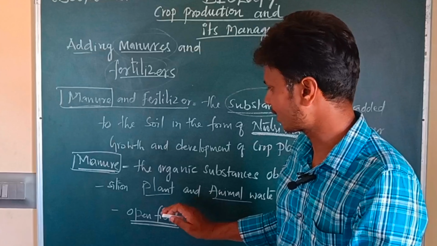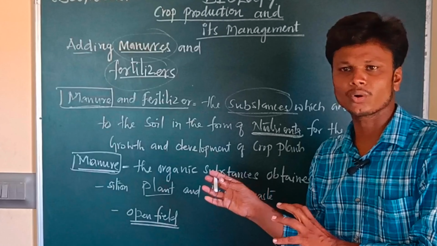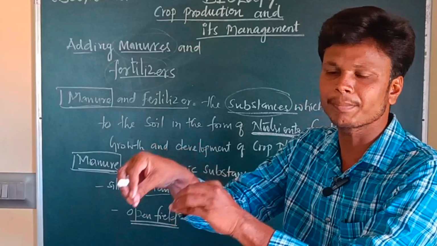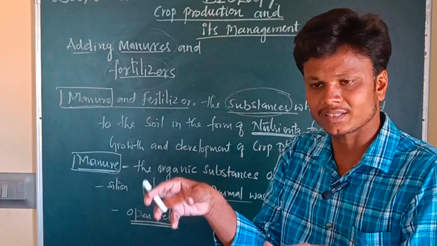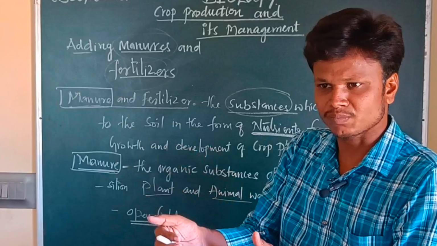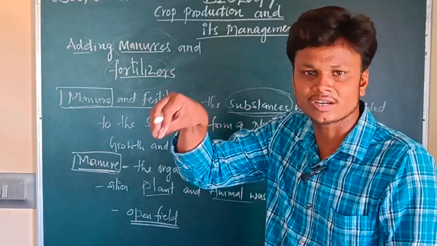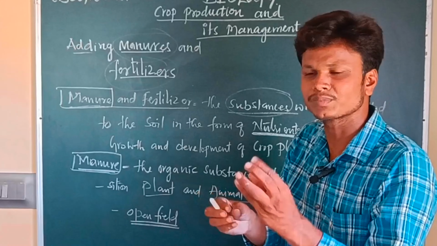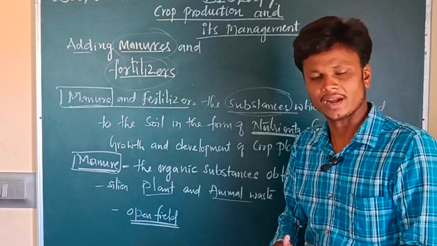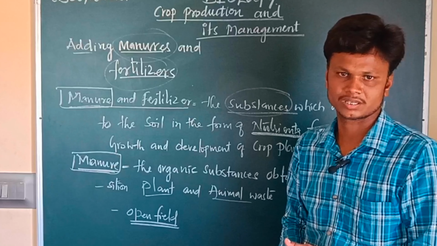They collect all this plant and animal waste and dump it into the pit, where they leave it for 5 to 6 months or 1 year. Later the waste gets decomposed and becomes a soil-like structure, and that is what you call manure. It is very useful for plants to obtain nutrients.